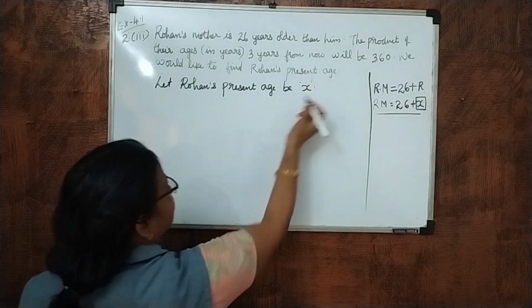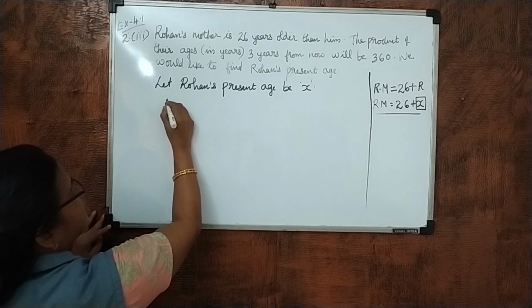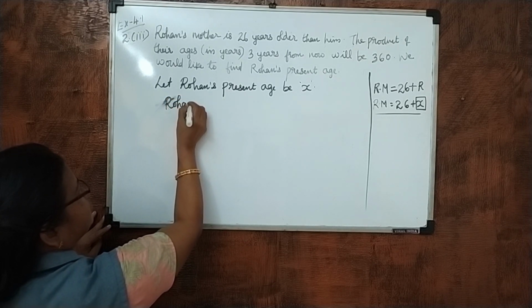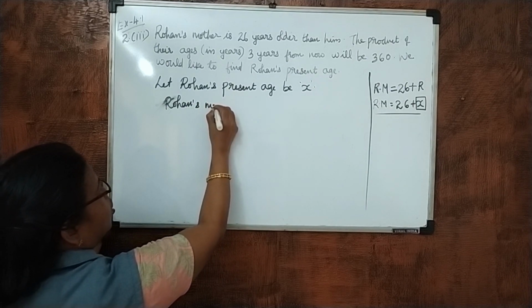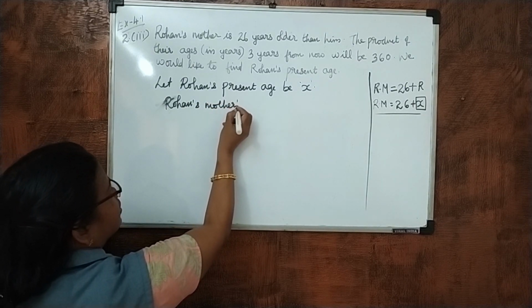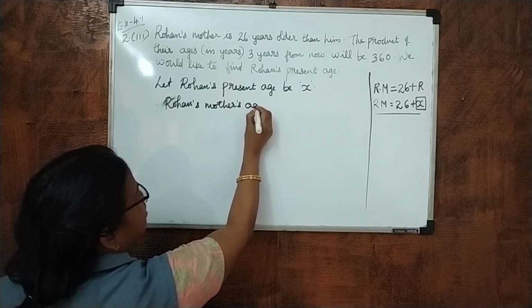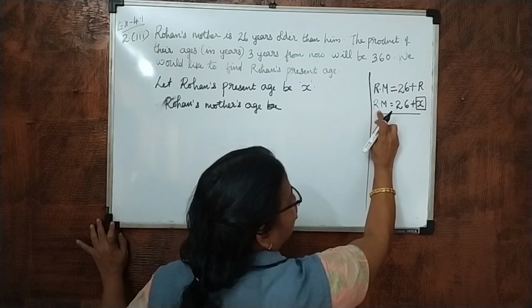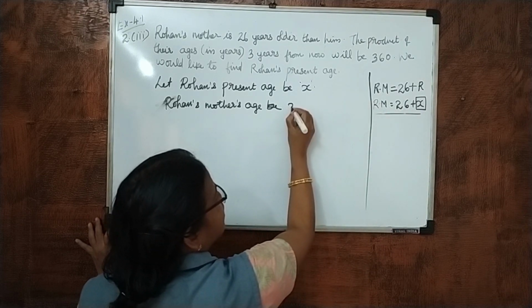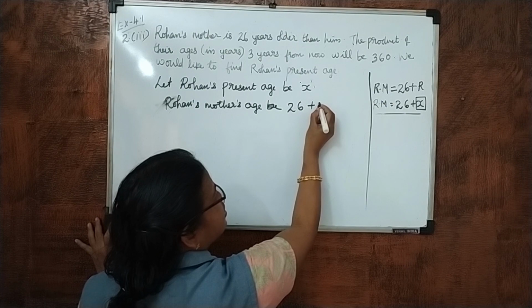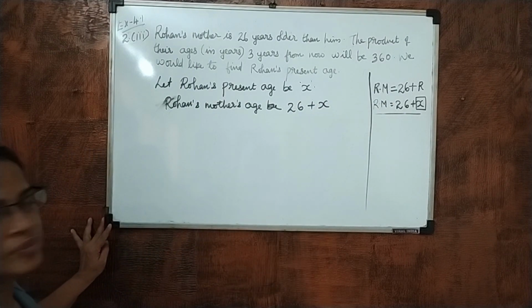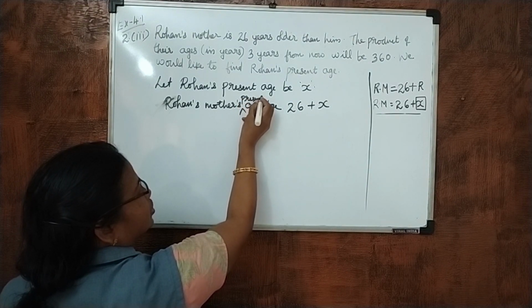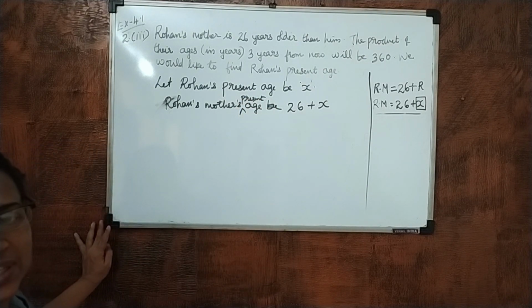After that, let Rohan's mother's present age be 26 plus x.